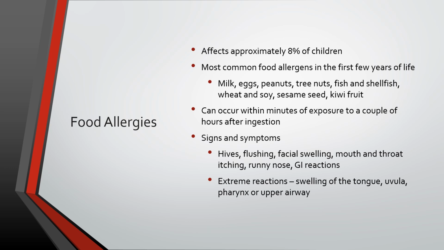Signs and symptoms usually include hives, flushing, facial swelling, mouth and throat itching, runny nose, or GI reactions such as vomiting, diarrhea, and nausea. If you're having an extreme reaction, swelling of the tongue, uvula, pharynx, or upper airway could be life-threatening.